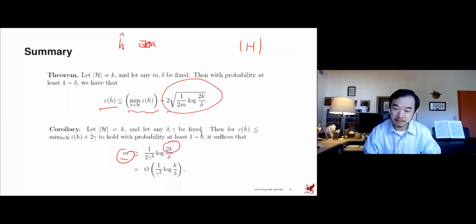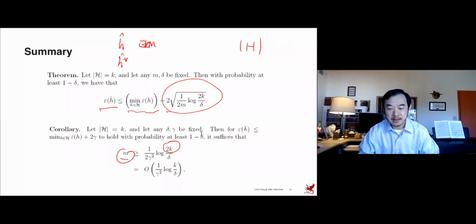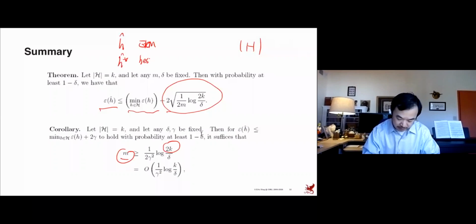We know that. And the H hat star is the best possible hypothesis inside the H. Okay, so best. So usually this one will dominate the other one because it is the best. It doesn't mean that you can achieve it. This one is achievable.